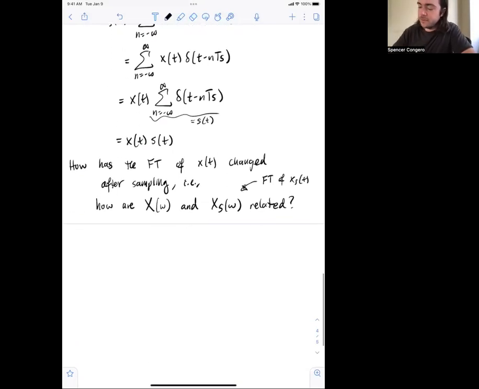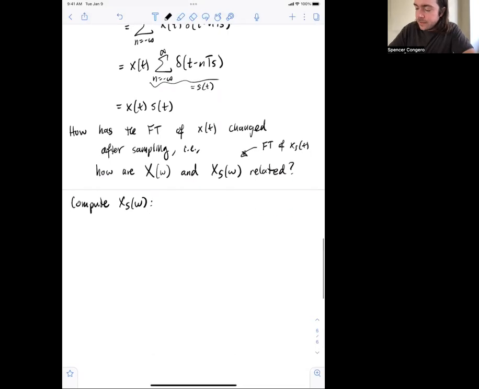Okay, so let's just compute that Fourier transform, and we'll see. Let's compute x of s of omega. Okay, so x of s of omega is the Fourier transform of x of s of t, which is the Fourier transform of x of t times s of t. That's what we just found.